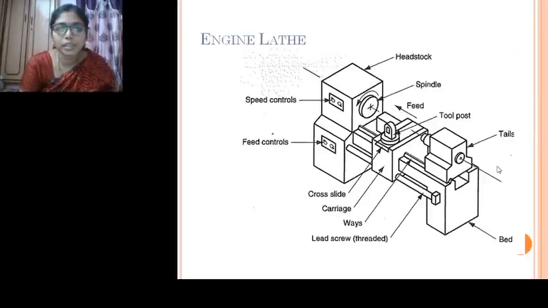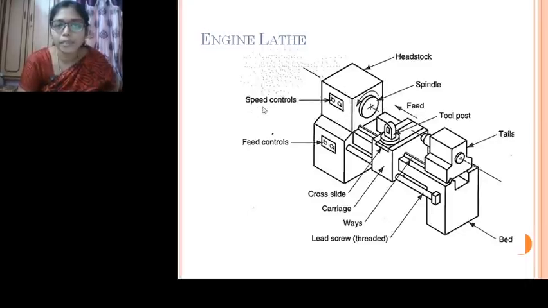And then if you take the lathe, engine lathe, or the basic turning operation, whatever the operations which you have seen, all these operations will be carried out on the lathe machine tool. Now the main important components of this lathe machine tool are headstock and tailstock, where on a headstock the spindle will be attached to it and the control will be given by a speed control. The motion to the workpiece will be provided by the speed control.